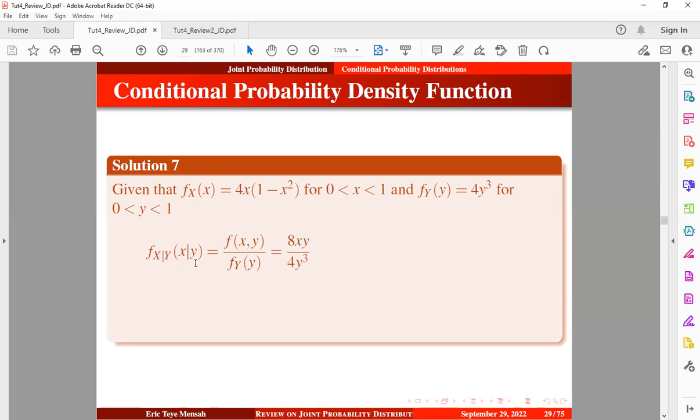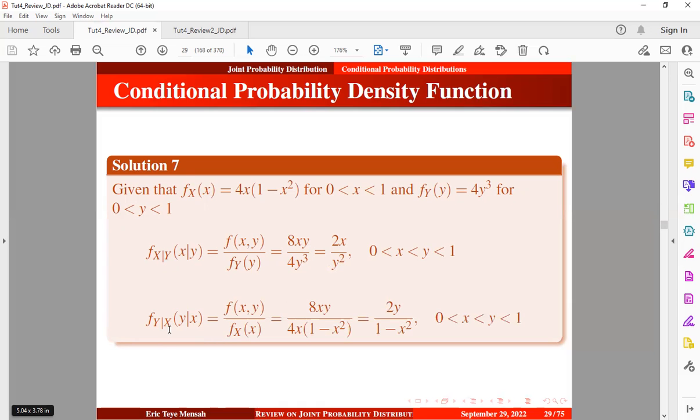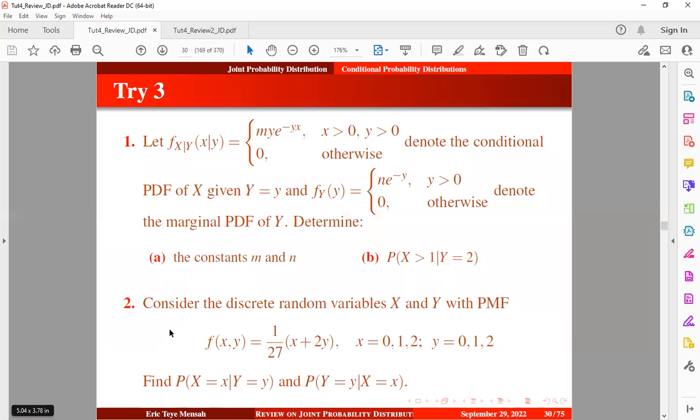We input the values, so this is the joint PDF, and this is the marginal PDF of Y. Once you compute this, you obtain this. Now we can also find the conditional PDF of Y given X in this form. Once you input the values, you obtain this, and this also gives us that. Quite simple. So this is a try question.